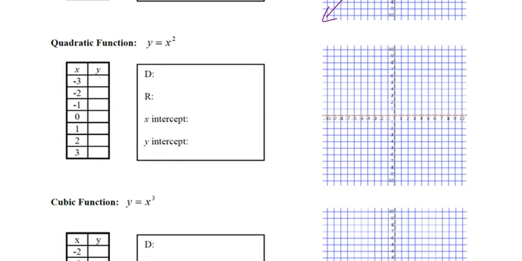On to quadratic. Okay, so all graphs are drawn to the extent of the grid, right?